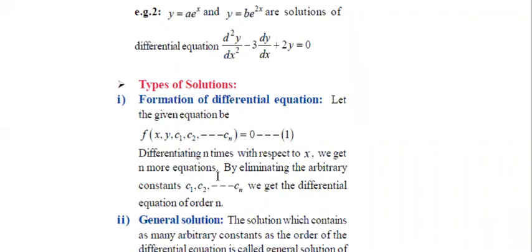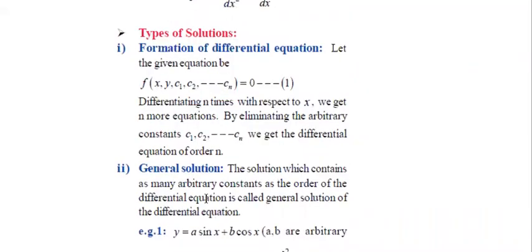By eliminating the arbitrary constants c1, c2, c3 and so on, we get the differential equation. Since there are n arbitrary constants, what is the order of the differential equation? n.